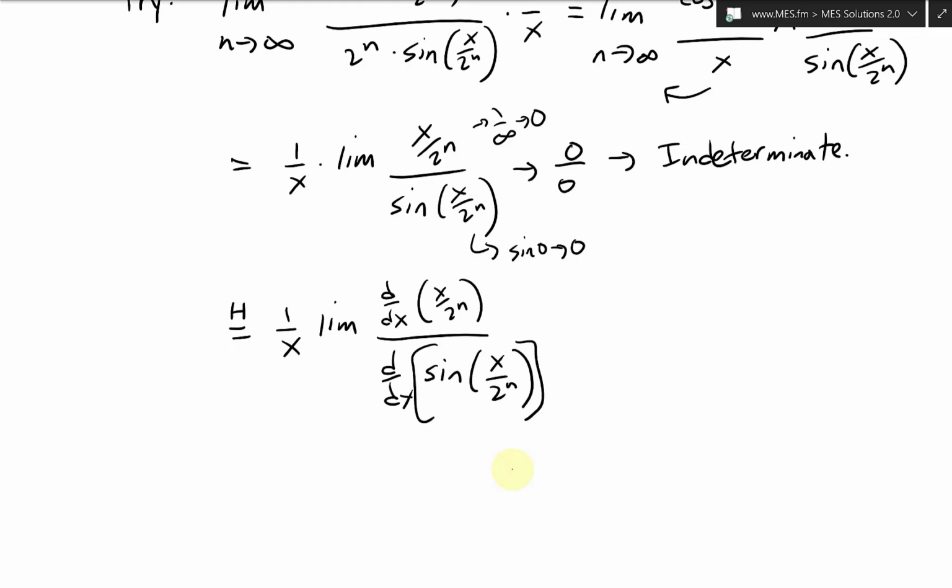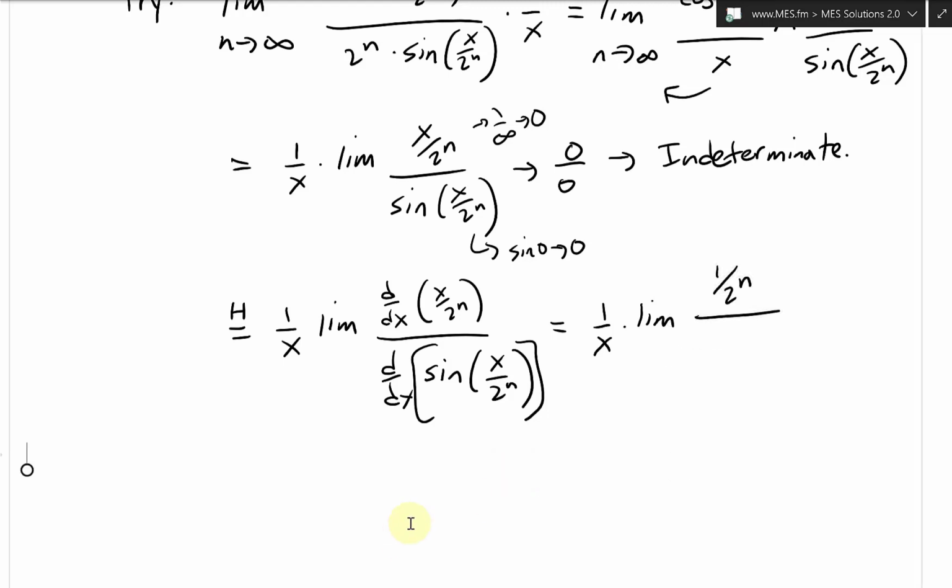And this equals 1 over x times the limit as n approaches infinity of the derivative of x over 2^n. 2^n is just a constant, so we get 1 over 2^n. And then the bottom part right here, I'll just move this limit higher up.